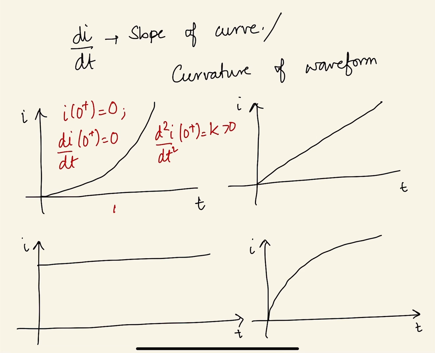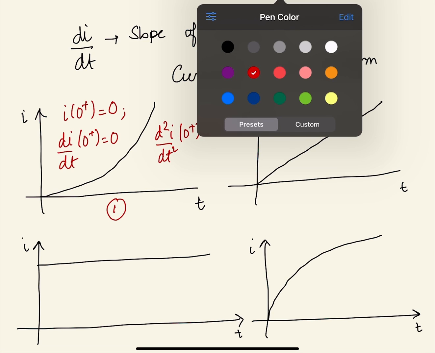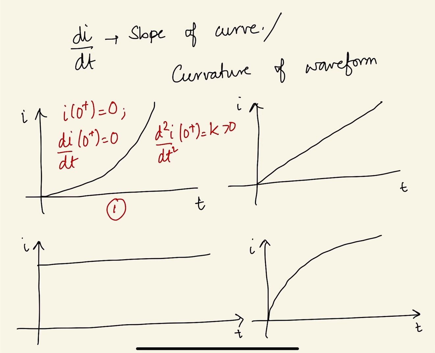This is curve number 1. Curve number 2 is for a case where I0 plus is equal to 0, di by dt is equal to k, some constant, and d square I by dt square is again equal to 0.